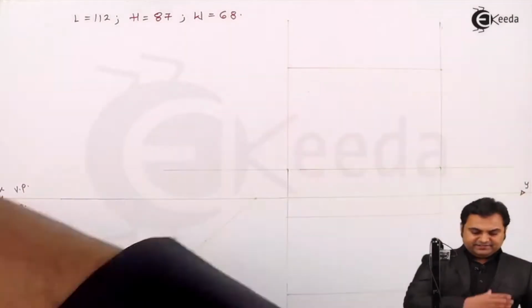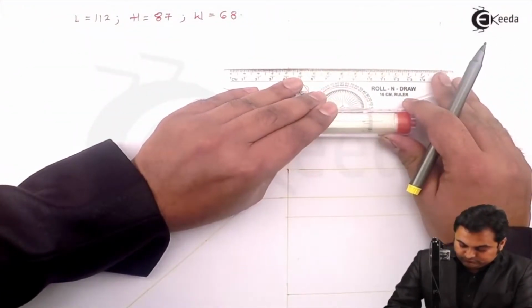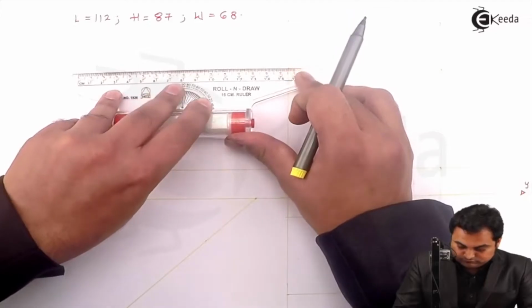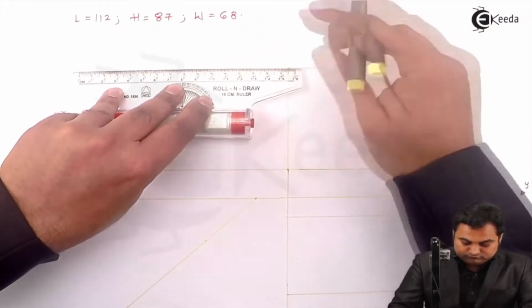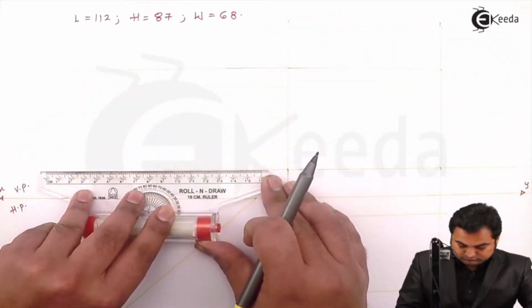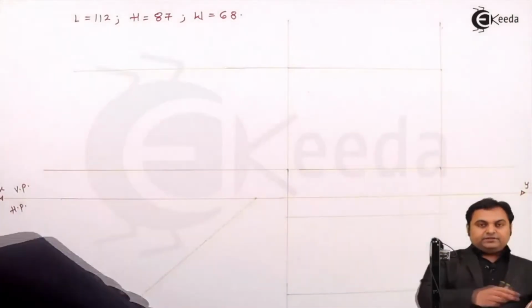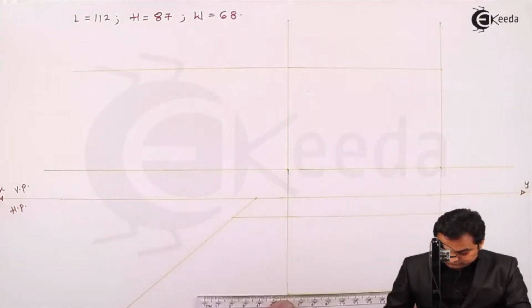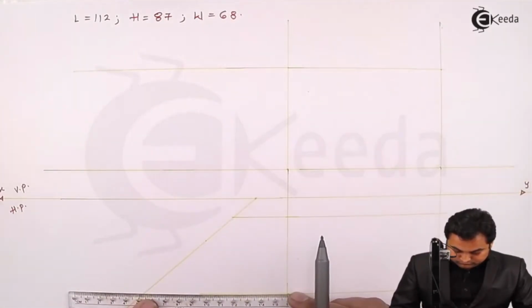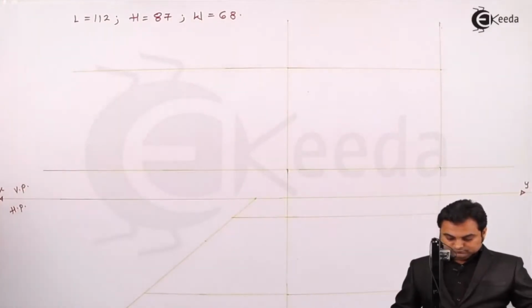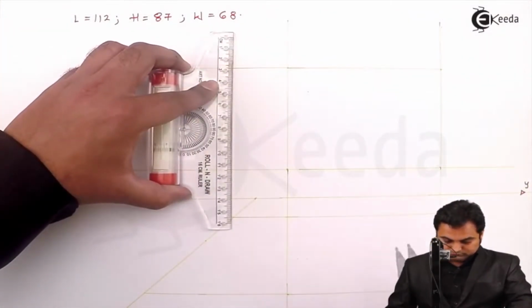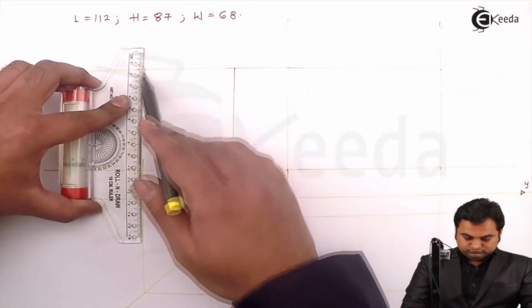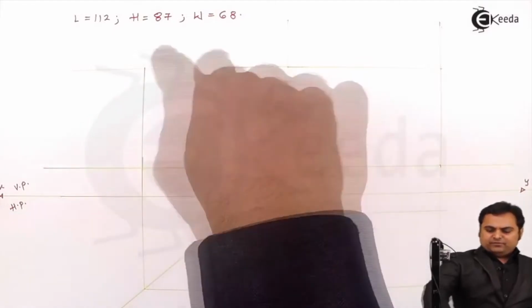So height from the front view and width from the top view. Now inside this rectangle I am going to draw the side view.